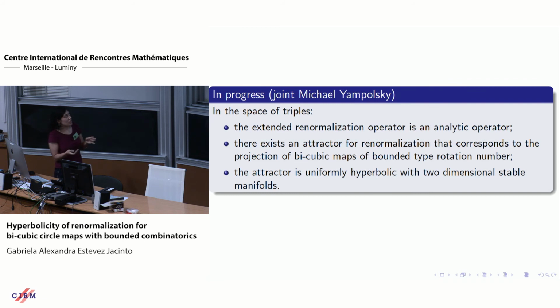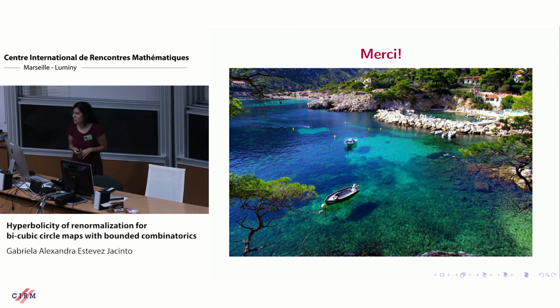So the attractor will probably be like a leaf for the renormalization, now defined in the triplets space, and the attractor will be uniformly hyperbolic because we preserve the two-dimensional unstable direction. Okay, so, done. Thank you.